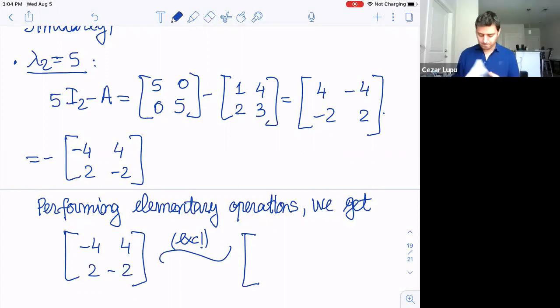Just a second. Where is it? Okay, so it will be 1, -1, 0, 0. Okay, at some point you'll get this.